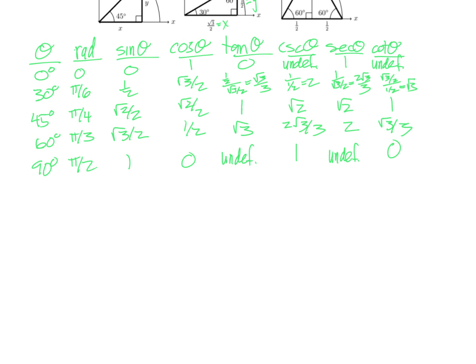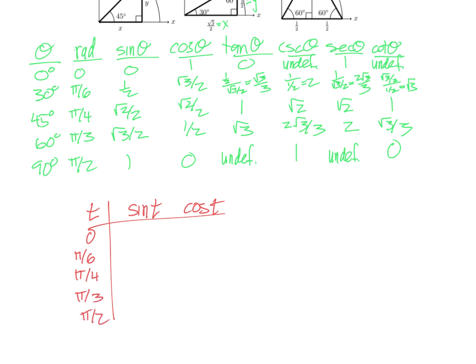Now, this may seem intimidating to see a big table like this, but actually notice that we can rewrite certain things. So if we looked at our angle t, then we look at sine and cosine, and so t goes from 0, pi over 6, pi over 4, pi over 3, pi over 2, or if you want to do it in degrees, it doesn't really matter.